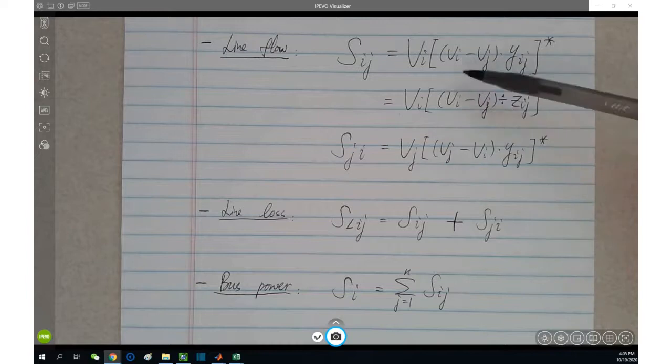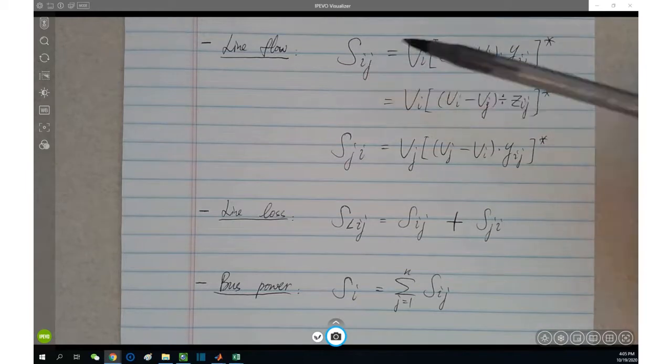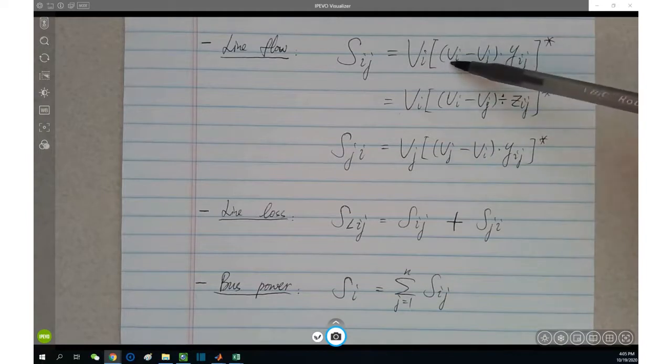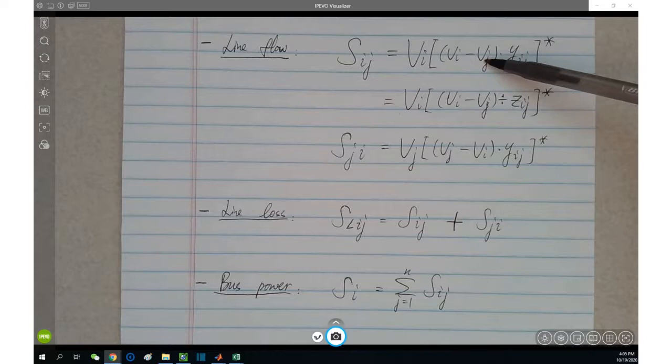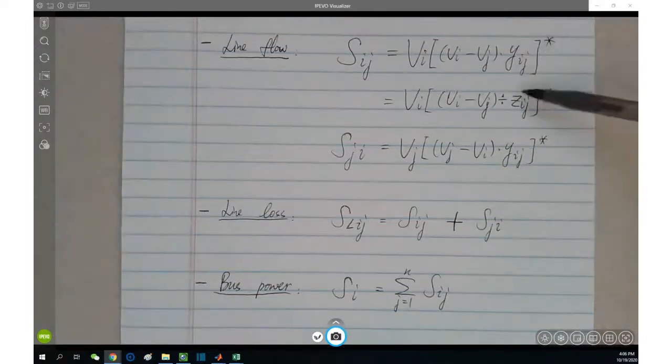And I equals what? Be very careful. We're talking about from I towards J. So both power and current have direction. The current from I to J is the voltage potential difference either times the admittance in between or divided by the impedance in between. This is how you get the current. And also don't forget the conjugate out here.